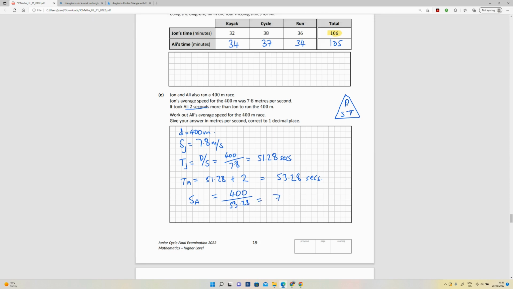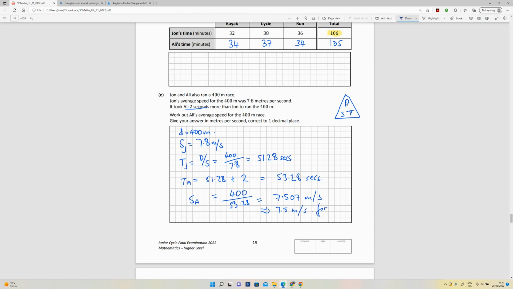So Ali's speed was 7.507 meters per second, or was it 2 decimal places, to 1 decimal place? So that's going to be 7.5 meters per second for Ali. Okay, so that's the answer for that part.